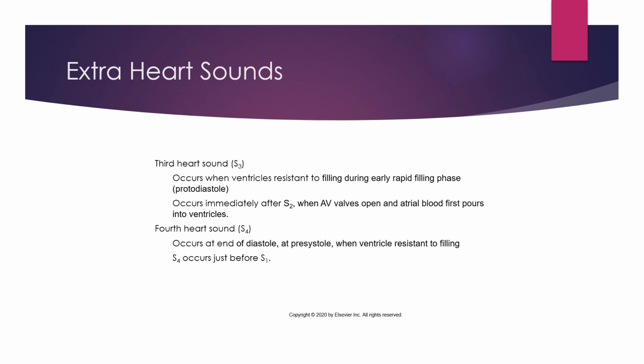In older adults, the S3, sometimes termed an S3 gallop, usually indicates a pathologic change in ventricular compliance. And then finally, although not heard very often in normal healthy adults, a fourth heart sound, S4, marks atrial contraction. It immediately precedes S1 of the next beat and also reflects a pathological change in ventricular compliance.